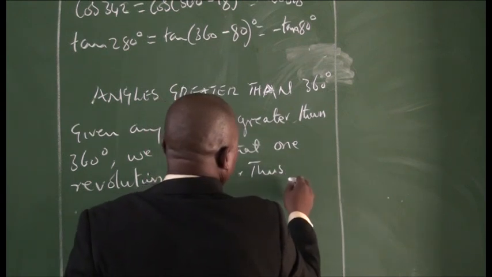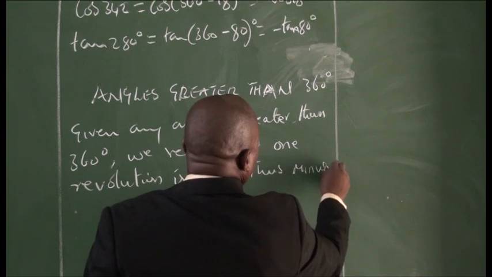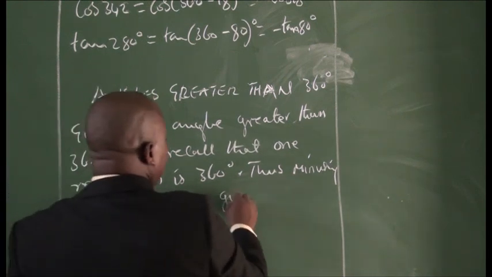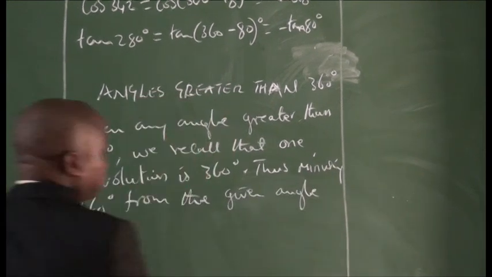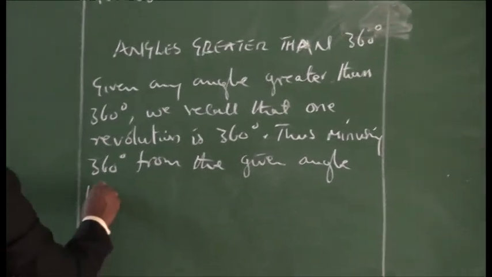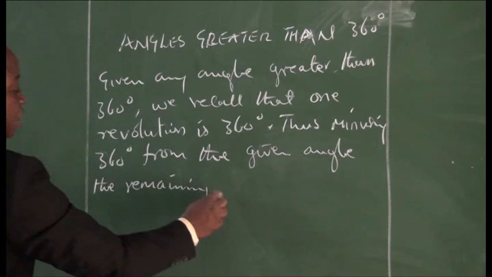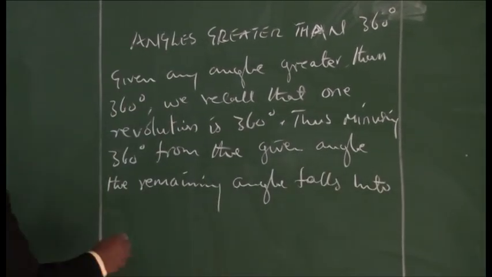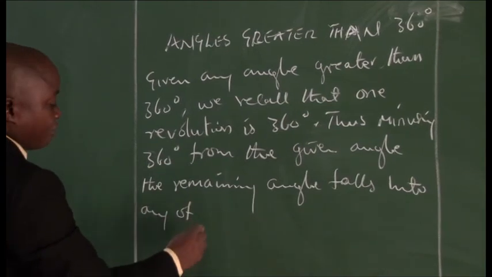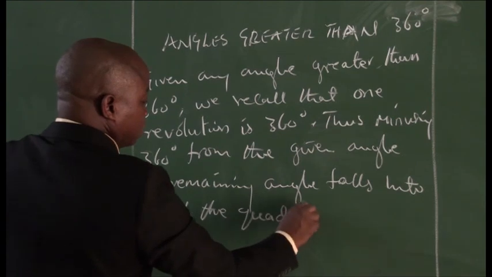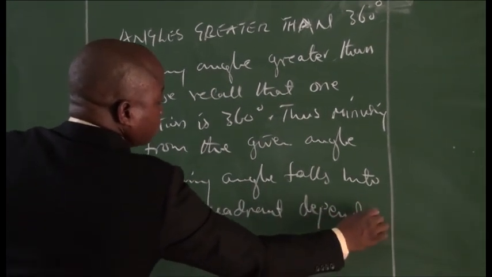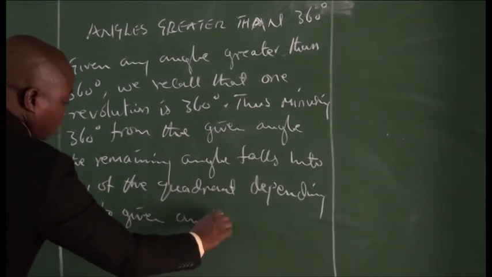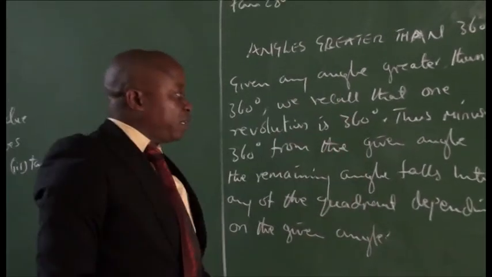Thus, by subtracting 360 degrees from the given angle, the remaining angle falls into one of the quadrants, depending on the given angle. Now, let me explain what I'm trying to say here.